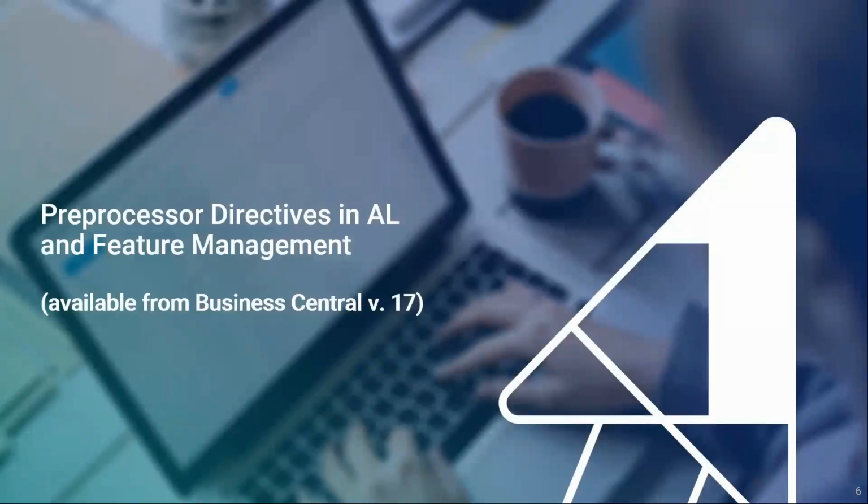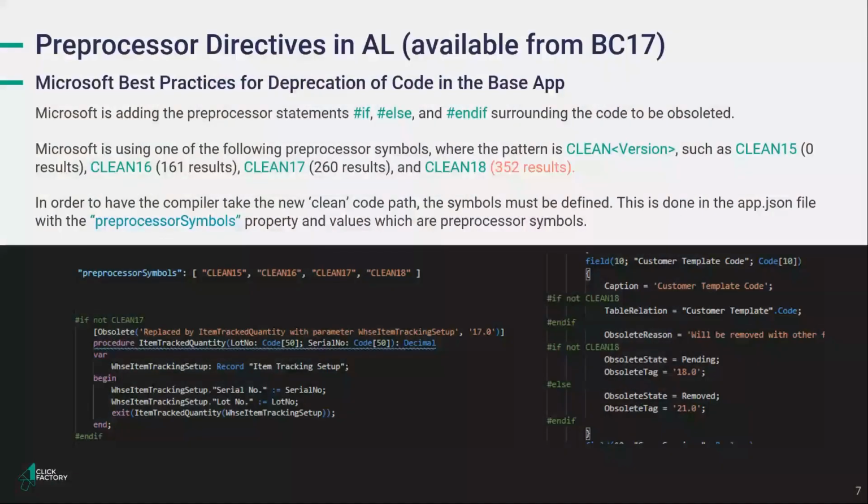The first theme is the preprocessor directives. From Business Central 17, Microsoft is adding these preprocessor symbols: clean15, clean16, clean17, and clean18. You see the results are increasing. They are surrounded by #if, #else, and #endif statements.